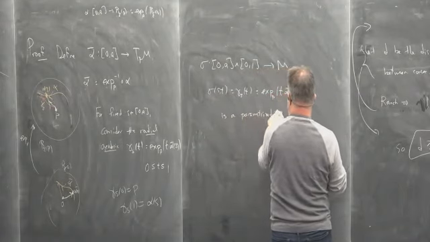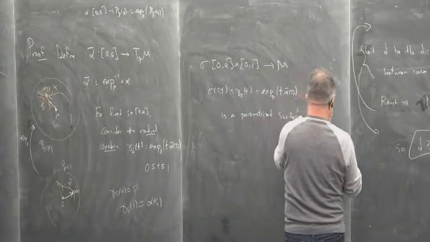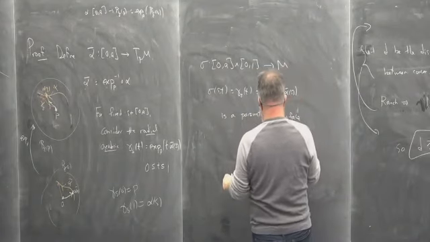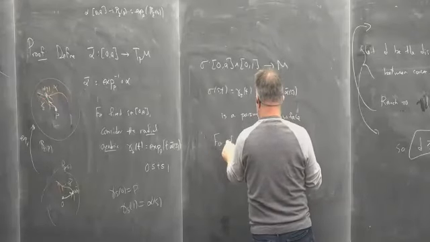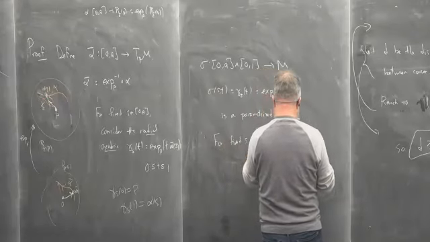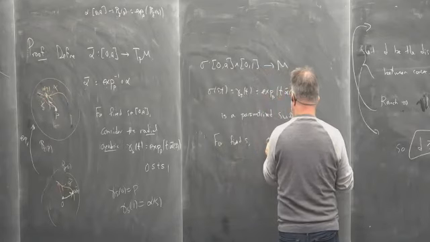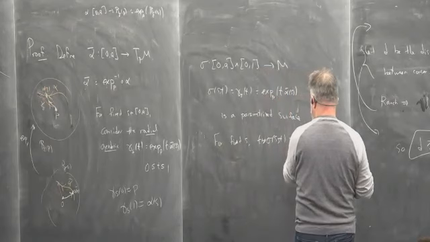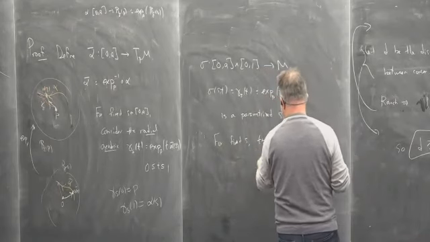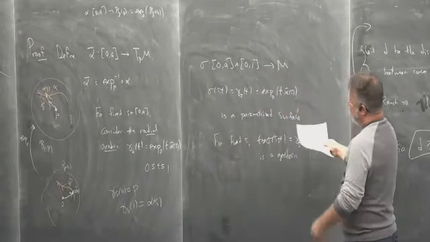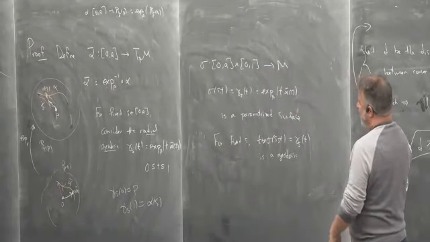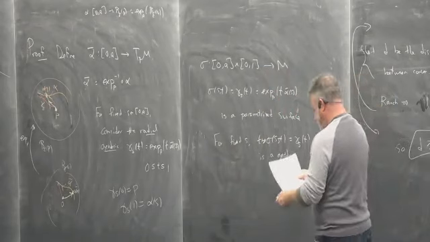It's smooth. And as we said, for fixed s, the map that sends t to sigma of s,t, which I called gamma sub s of t, is a geodesic, and therefore I have a variation. I have a family of geodesics.